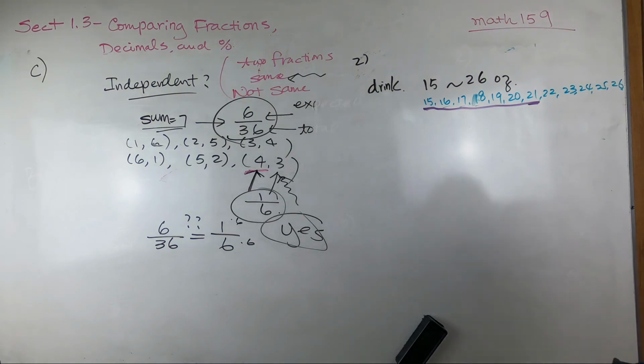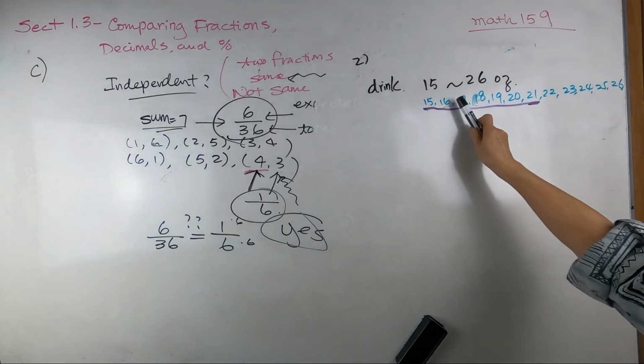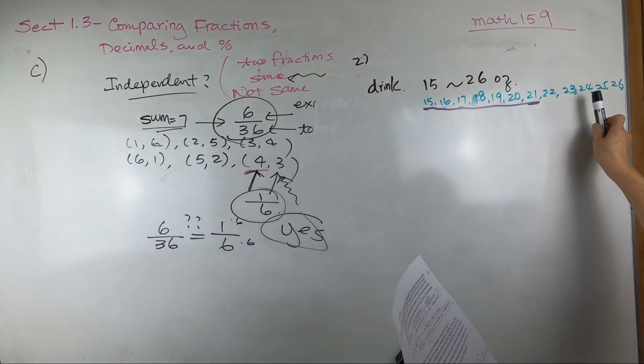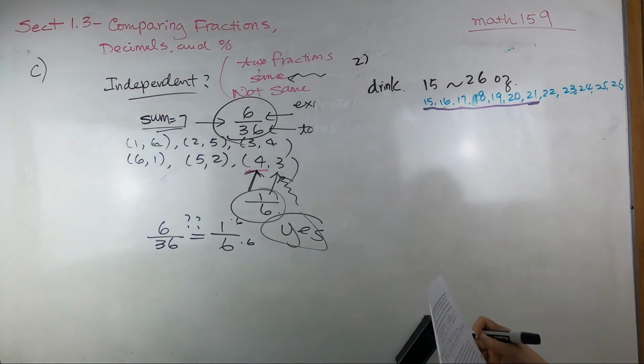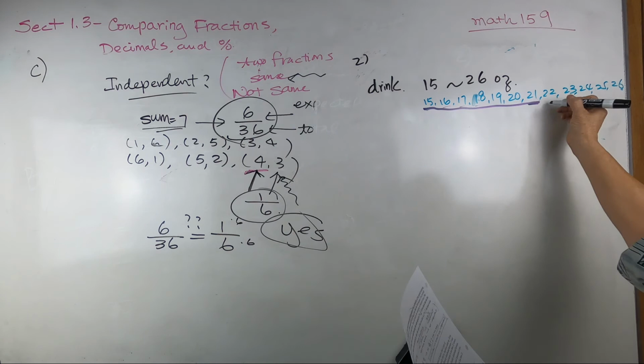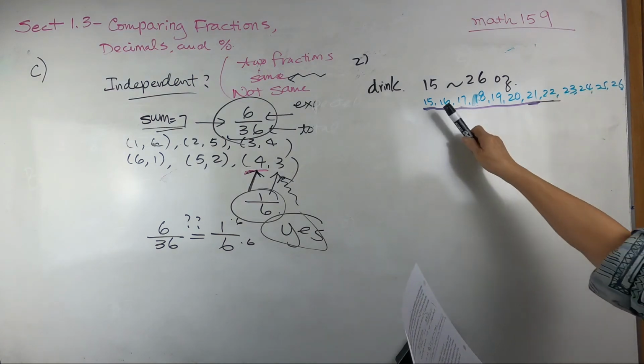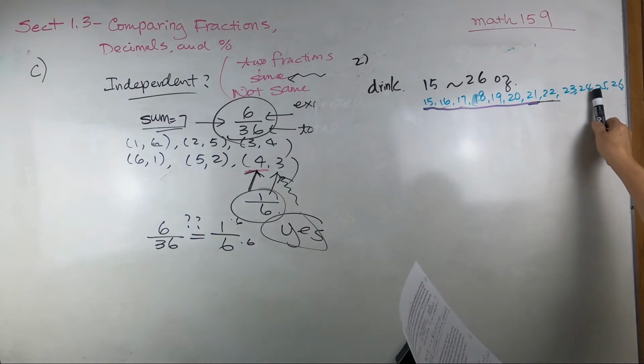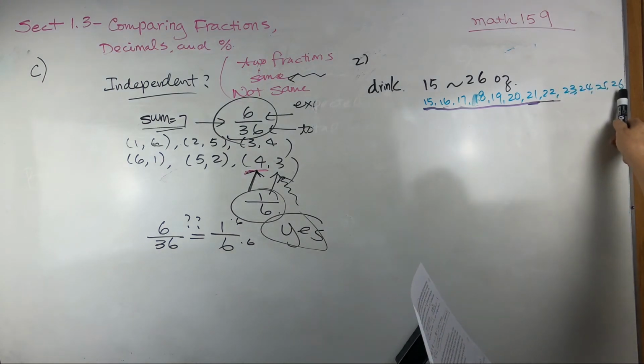Right? So you can pick 1, 2, 3, 4, 5, 6, 7, 8, 9, 10. Let me see, is that 15 to 26? Okay, to 27. 1, 2, 3, 4, 5, 6, 7, 8, 9, 10, 11, 12. The total should be 12.